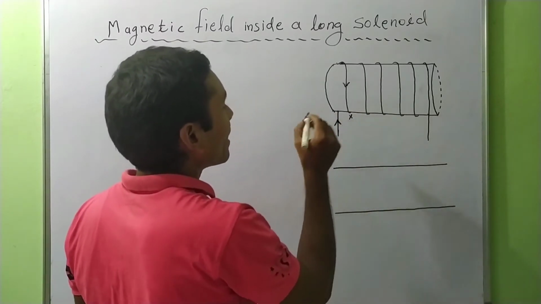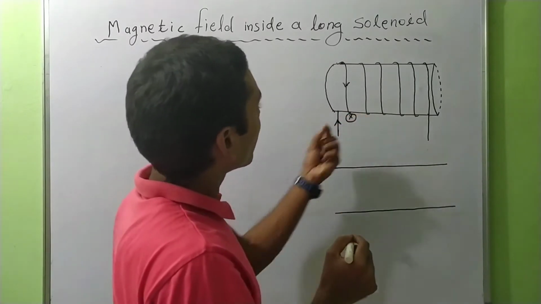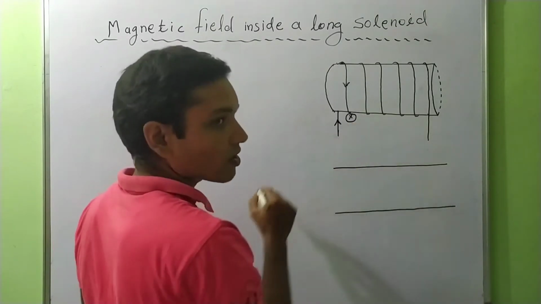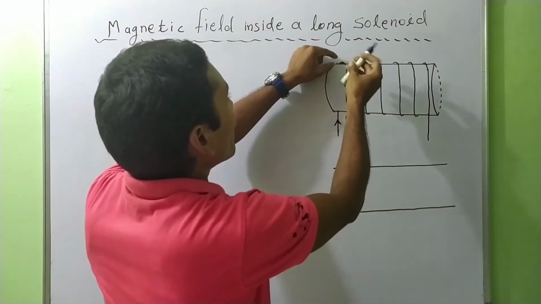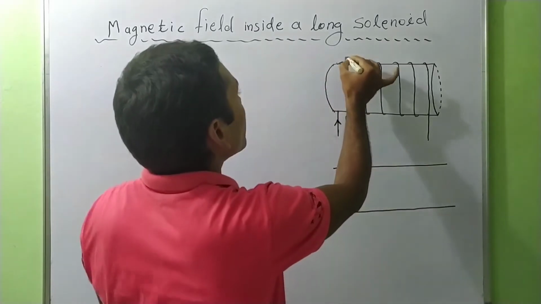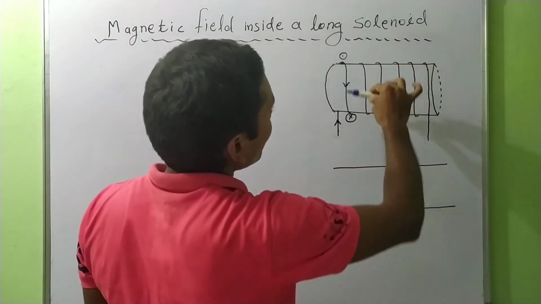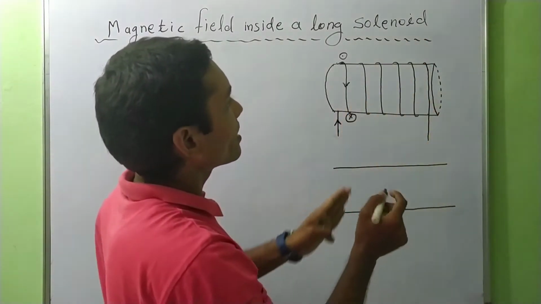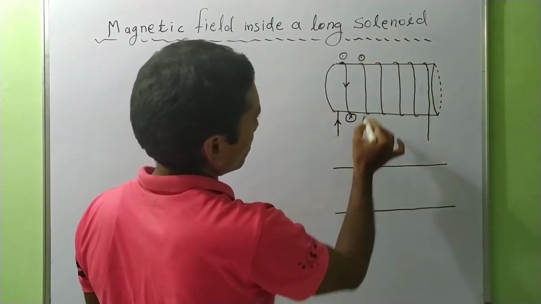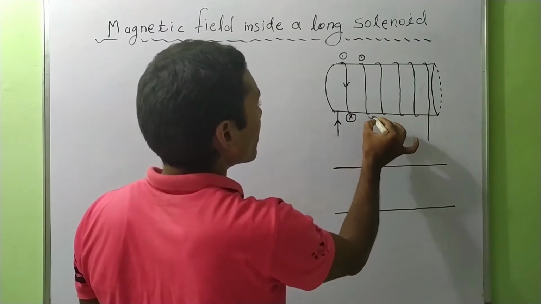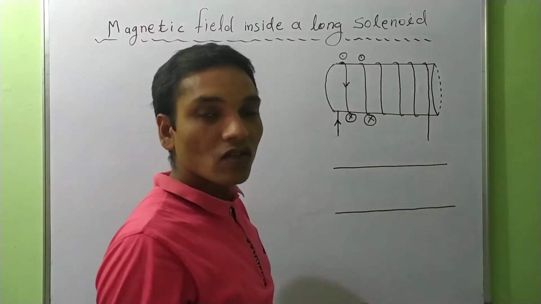The direction of current at the bottom of the closed loop is represented by a cross, and here current is coming out. So the direction of current at the top of this closed loop is represented by a dot. For all the closed loops of this solenoid, the current will be coming out from the top of each closed loop and going in from the bottom of each closed loop.